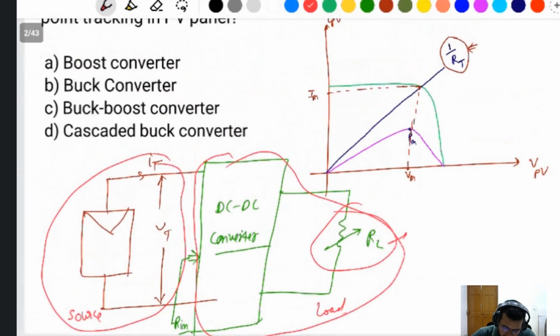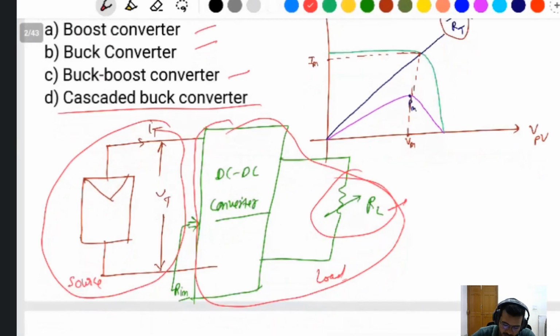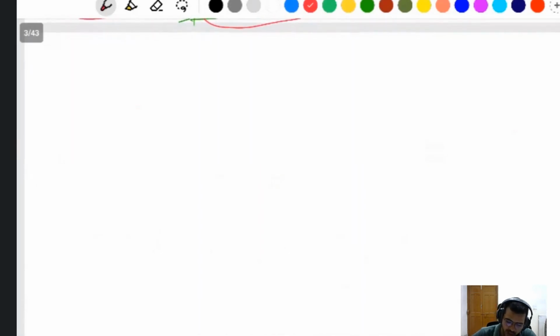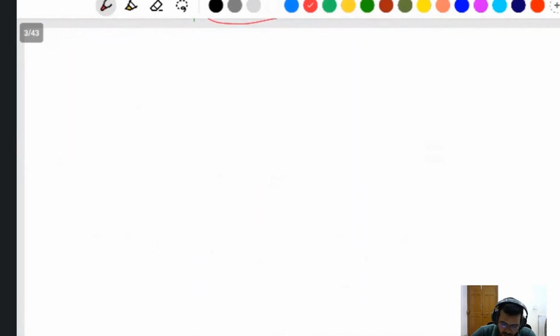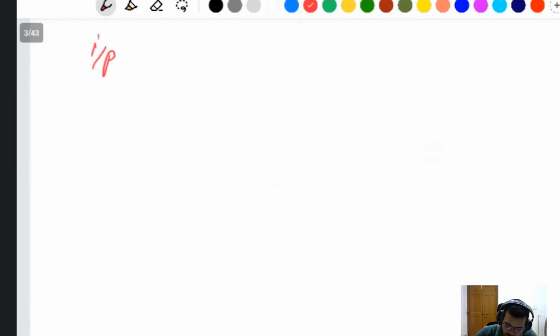This is given as the boost converter, buck converter, and buck-boost converter. Cascade buck converter means two buck converters connected back to back in series. First of all, find the input impedance of a boost converter.